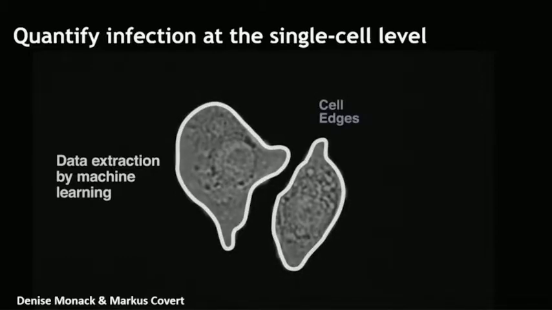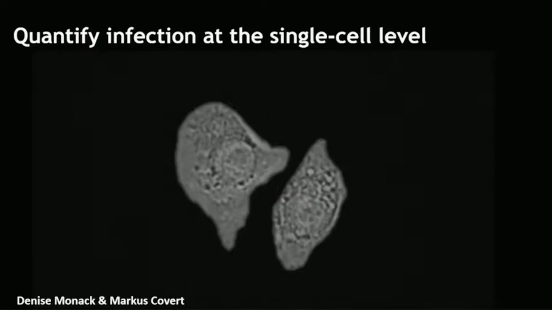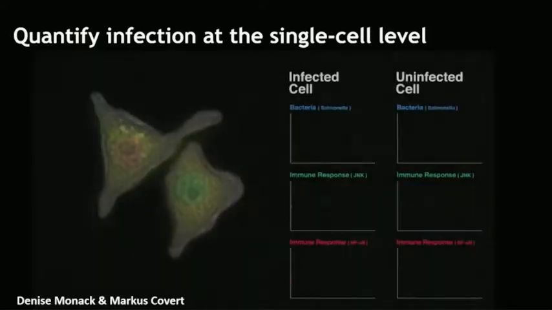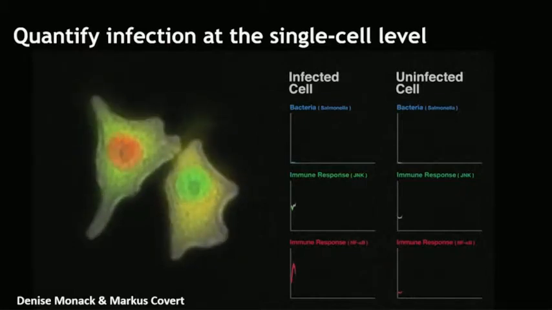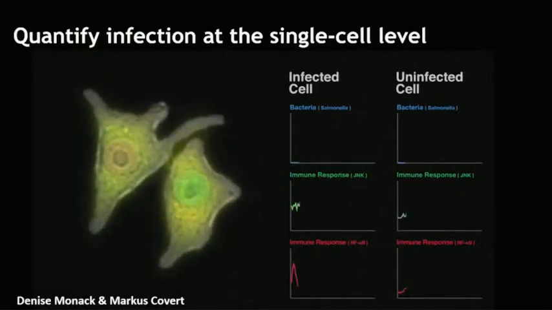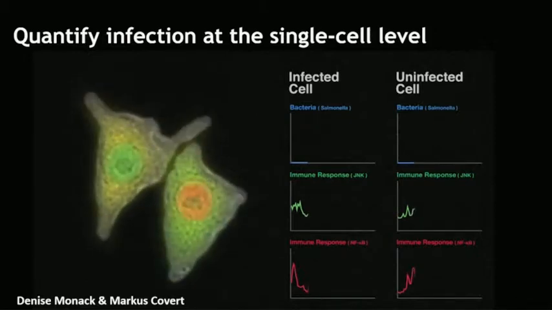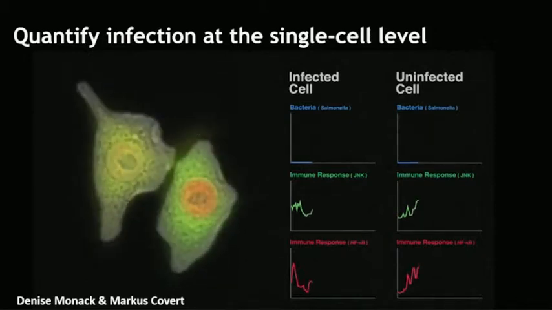Using machine learning techniques, we can take these movies of signaling and cell behaviors, and we can extract really important quantitative information about where cells are, where their nuclei are. We can track them in space and time. And then we can begin to plot for infected cells and individual cells, all of this information together, to really look at the mechanisms that might cause one cell to be infected while the other cell isn't.